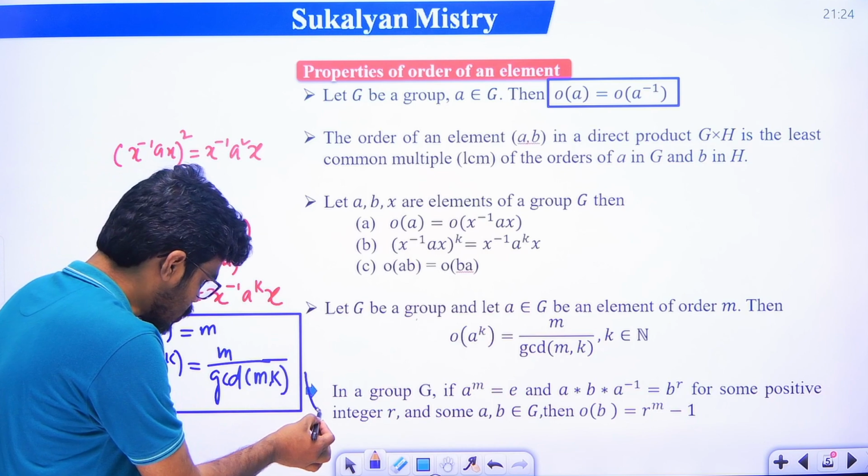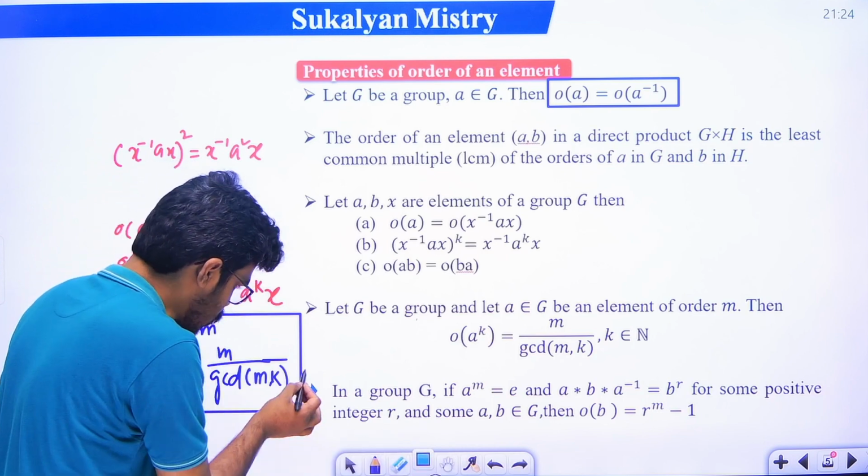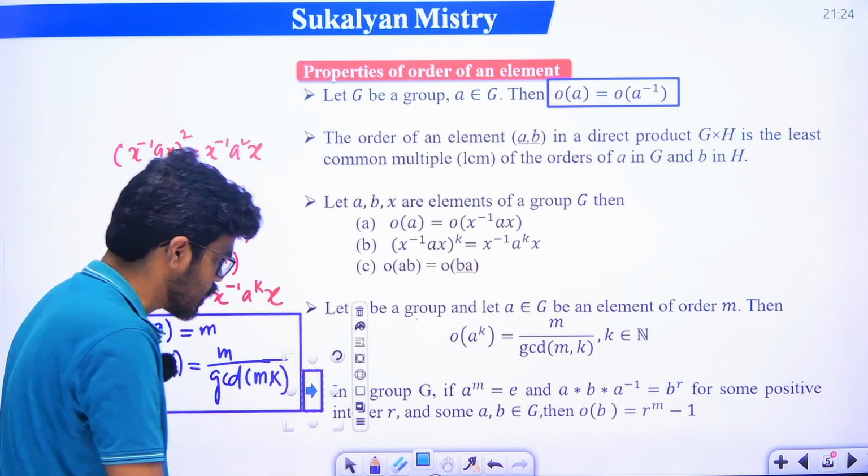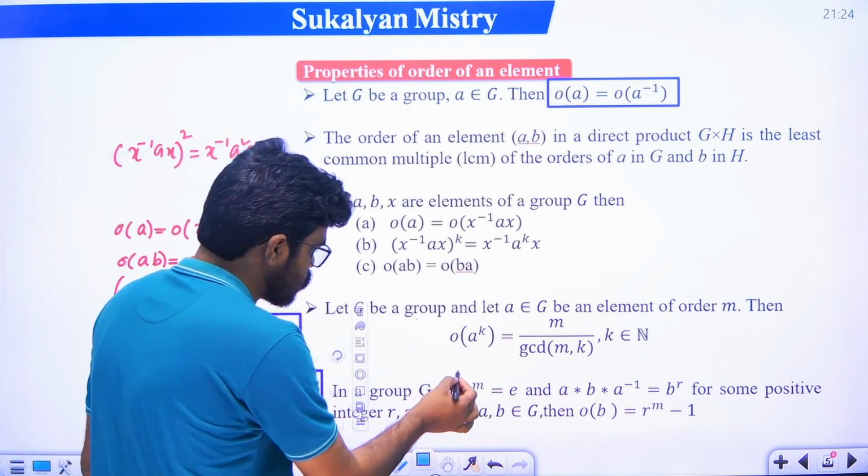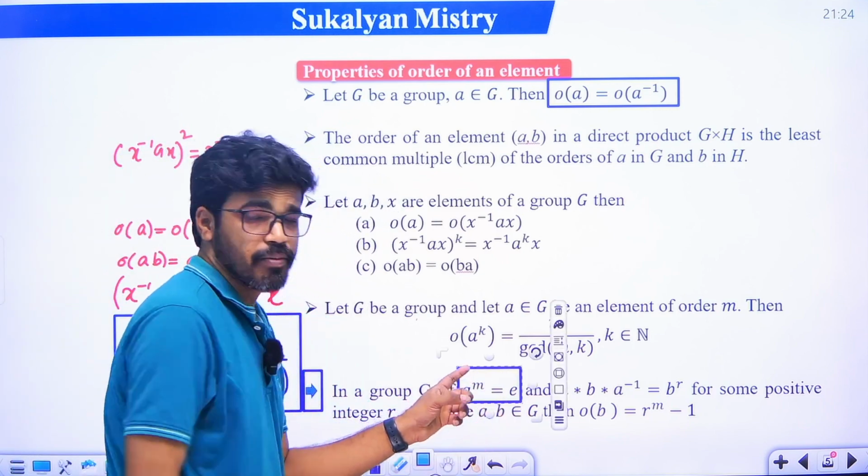This is a short trick, based on this result we can solve short problems. In a group G, suppose A to the power M is E, what does it mean?